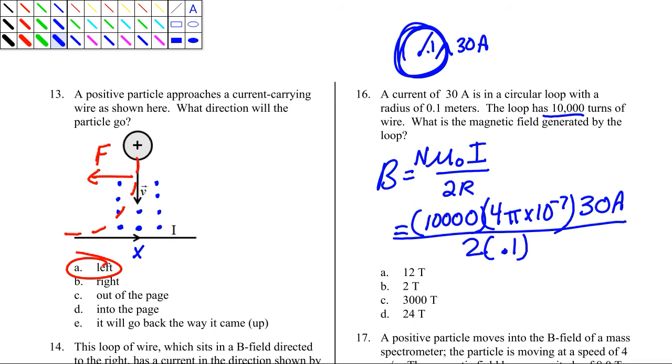Let's see here. That's a 2. I'll get rid of this and make this 100,000. You could do this however you want, but I have 200,000. I get 1.9, or 2 Tesla, is the right answer.